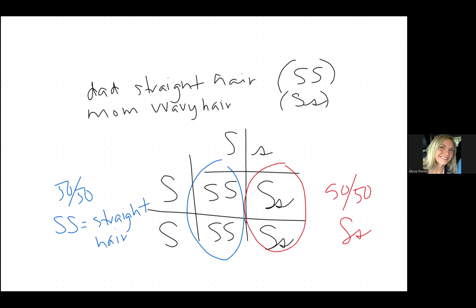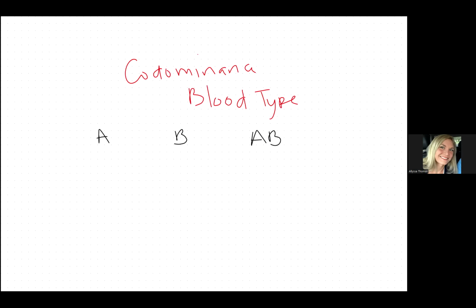Now let's talk about what happens when there's not a dominant and recessive trait. What we call this is codominance. The best way to describe this is blood type. When we talk about blood types, you can be A, you can be B, you can be AB, or you can be O. Those are the 4 different types of blood you could potentially be.